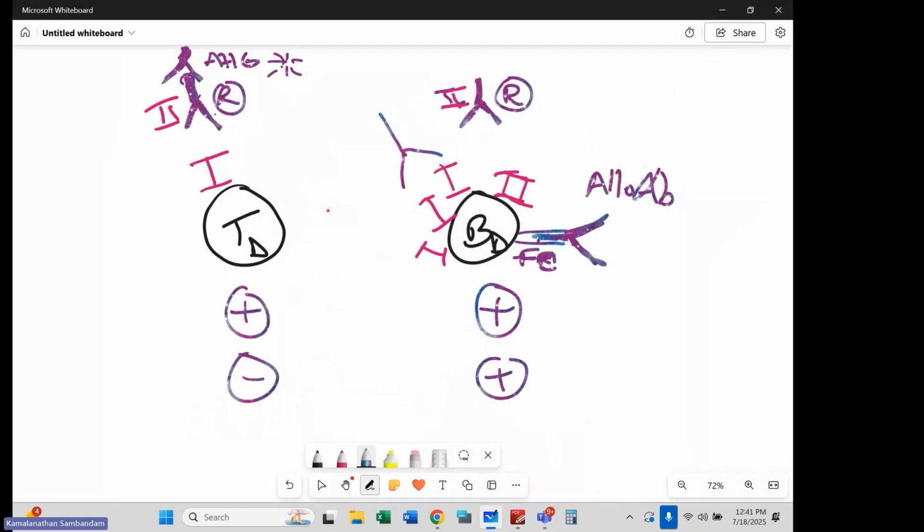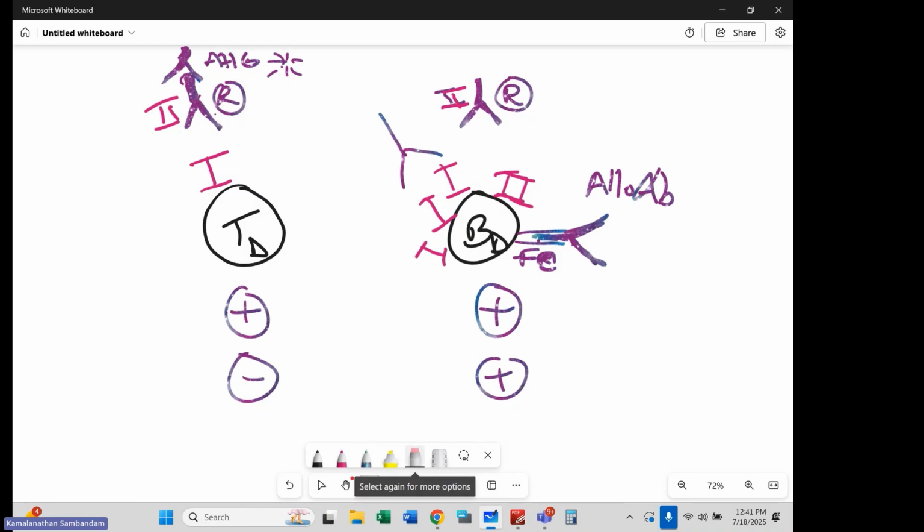Remember, again, the flow crossmatch is where I mix T cells and B cells, recipient serum, and an antibody to human Ig, that anti-human globulin, which has a fluorescent tag. This is a flow crossmatch. Even weak binding by these antibodies to donor cells will show up as a positive signal.